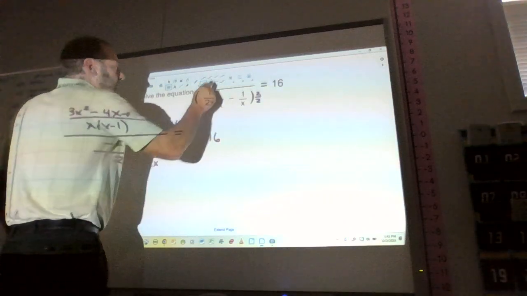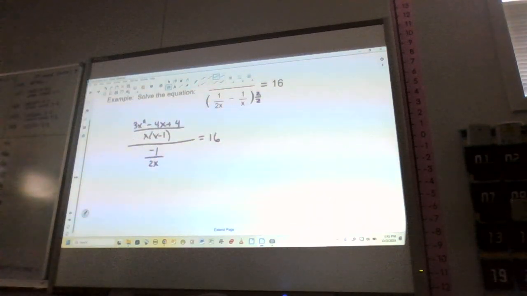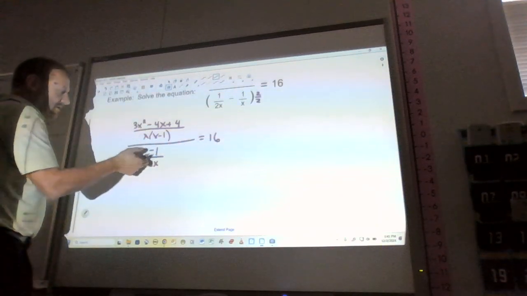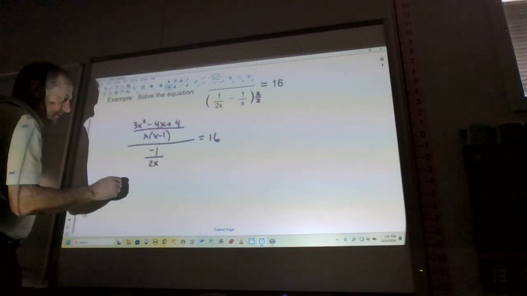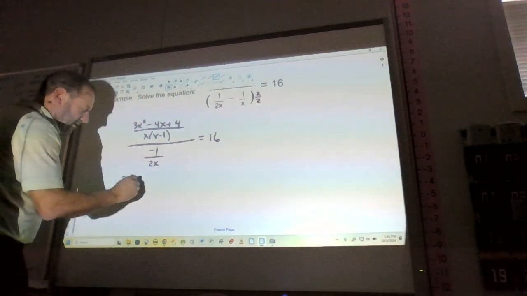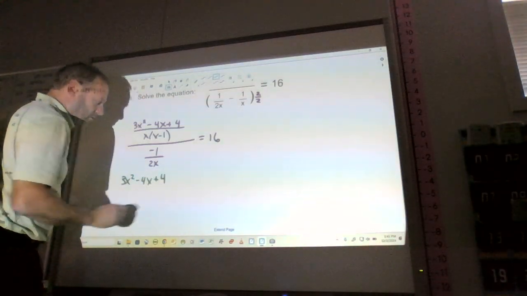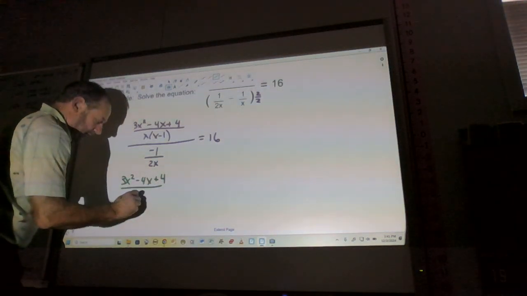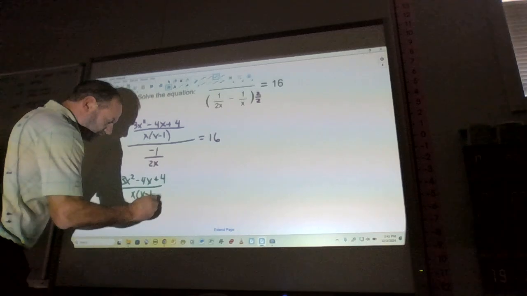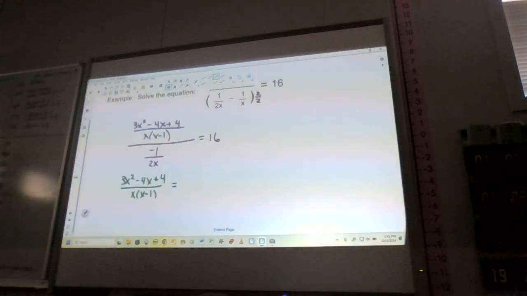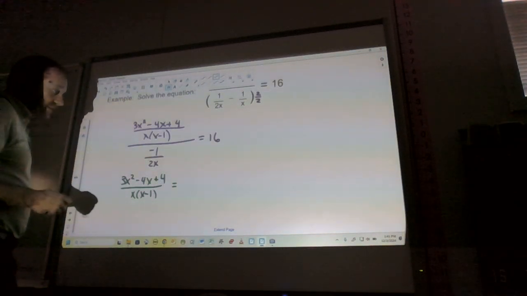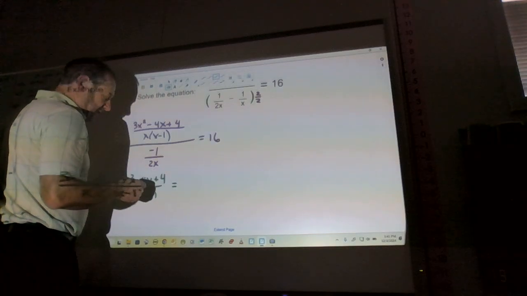Okay, now, I can do this a couple ways. I could multiply this on both sides, or I could invert this. This would be 3x squared minus 4x plus 4 over x times x minus 1. If I multiply both sides by negative 1 over 2x, I'm going to get negative 16 over 2x.